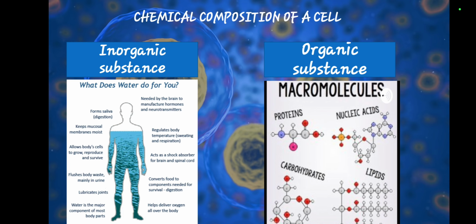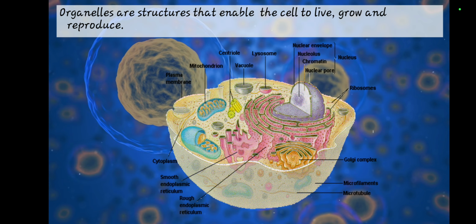So that is the chemical composition of our cell. It always starts with inorganic substances, water and minerals, and organic substances, protein, nucleic acid, carbohydrates, and lipids. Just remember that all living organisms are composed of both inorganic and organic substances. Okay, so let's proceed.